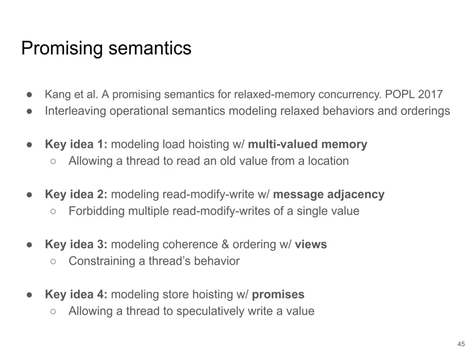So let me tell you a little bit more about this promising semantics, because such semantics will be the basis for all the constructions of concurrent objects, including locks or data structures or some garbage collectors. And in the design of such concurrent objects, we are going to use these semantics to reason about the correctness of those concurrent objects. So at the high level, the promising semantics is also an interleaving operational semantics.